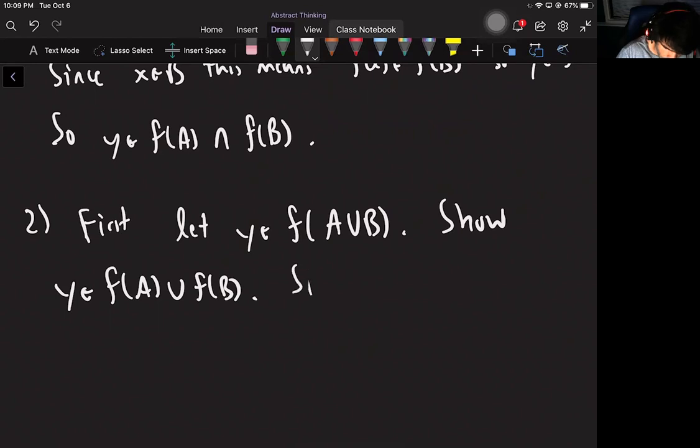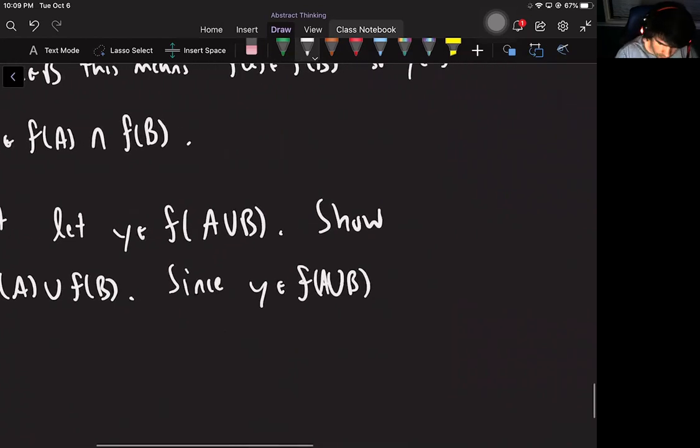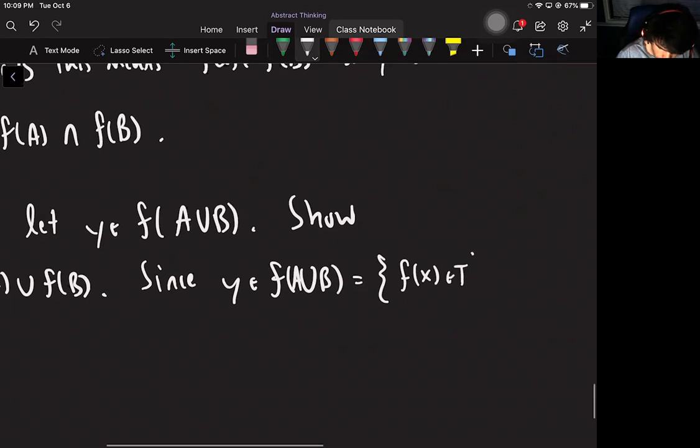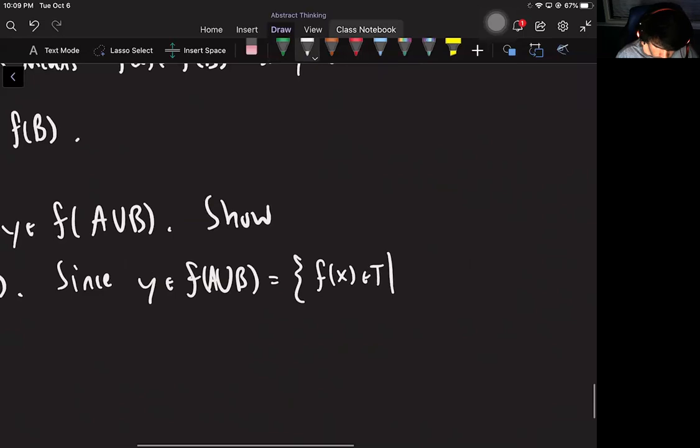Okay, it's going to work the same. So because y is in there, I have to say more about it, but what can I really say? Well, it's an image, so it looks like f of something, and that something comes from the set that you're plugging into the function, that you're creating the image of.